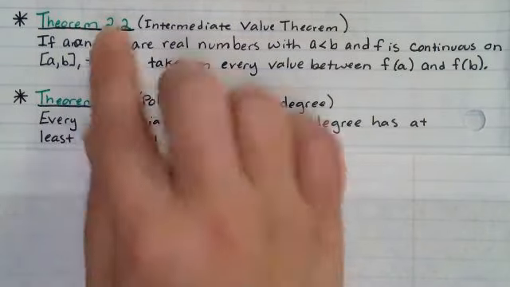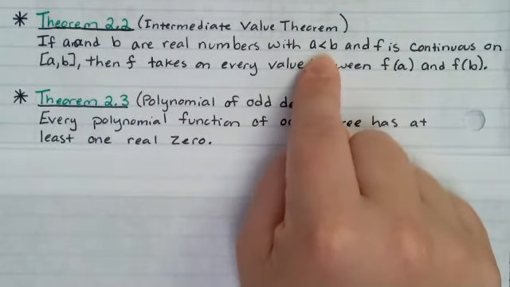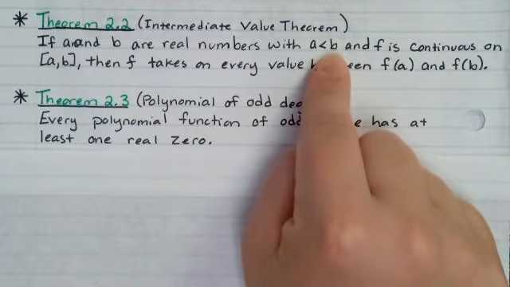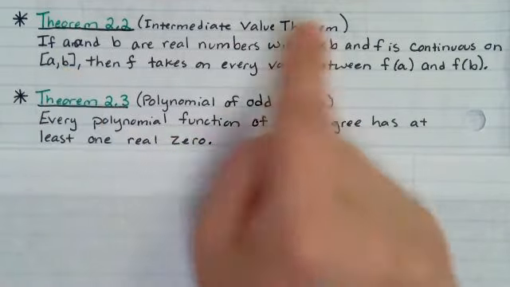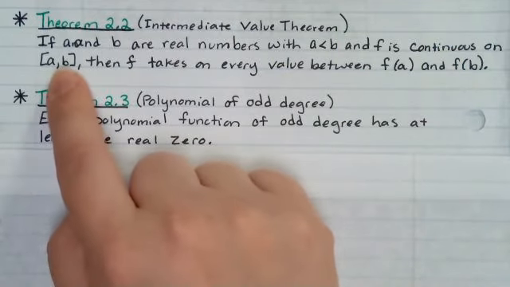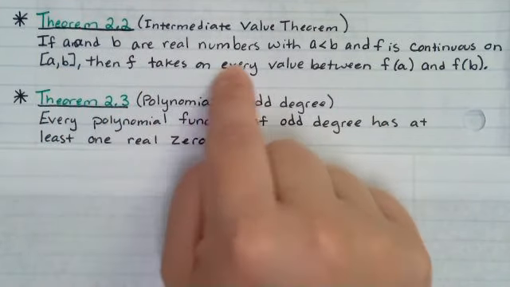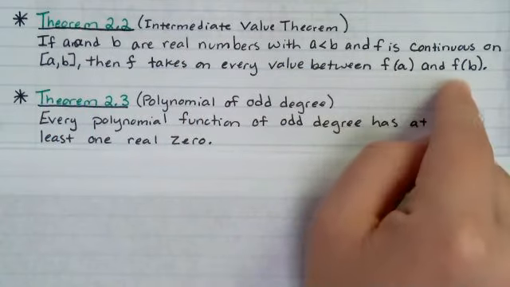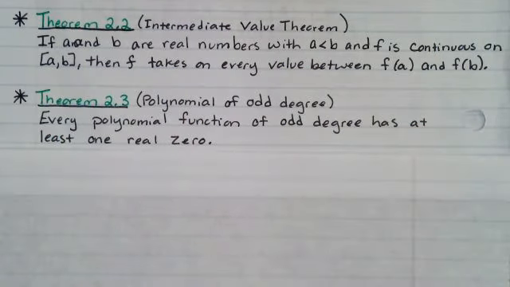The intermediate value theorem says if A and B are real numbers where A is less than B, and f is continuous on A to B, so this is giving you the x values from A to B, continuous meaning that there are no holes or breaks or asymptotes in the graph, then f takes on every value between f of A and f of B, meaning that your y's will have a value everywhere within that interval.